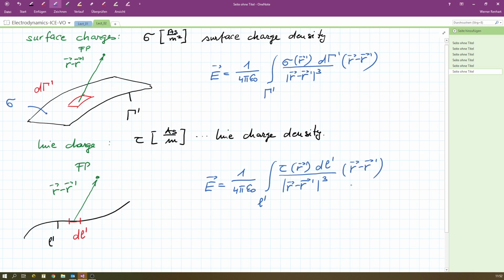So these are continuously distributed charges, maybe along a line, a surface, or in a volume.